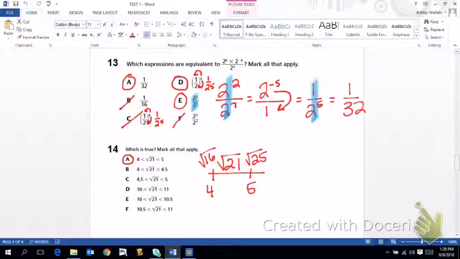If we wanted to find out its comparison with 4.5, we can square 4.5 to see how close it is to 21.